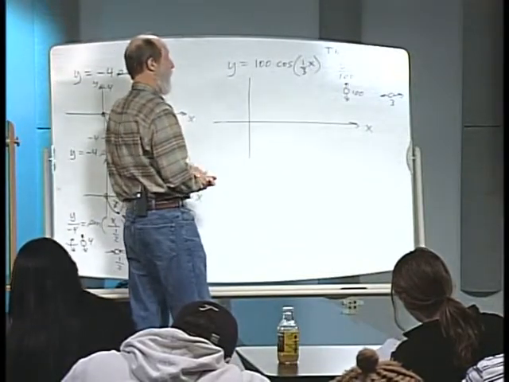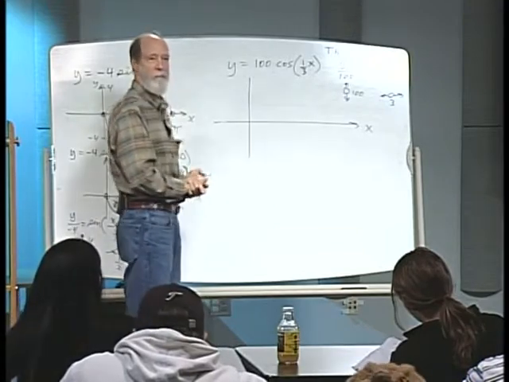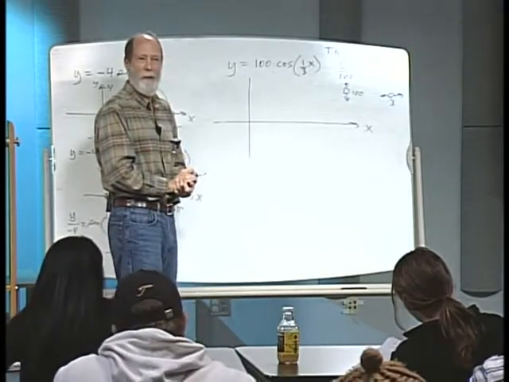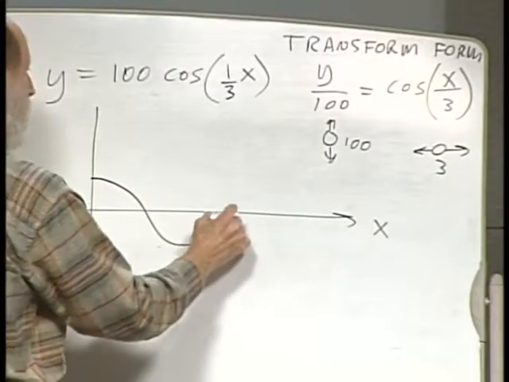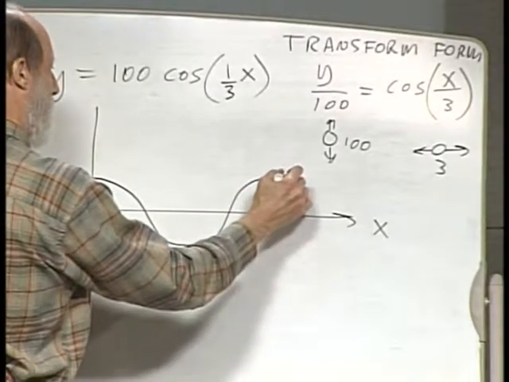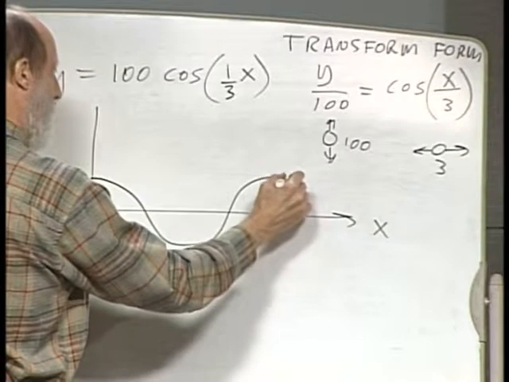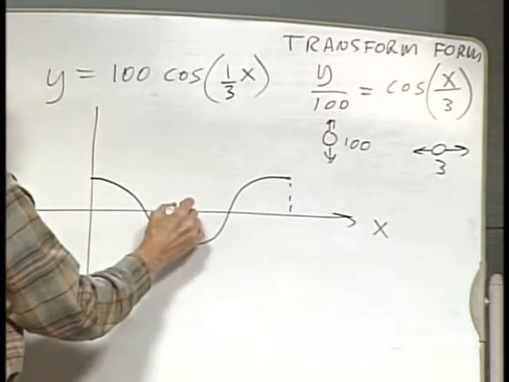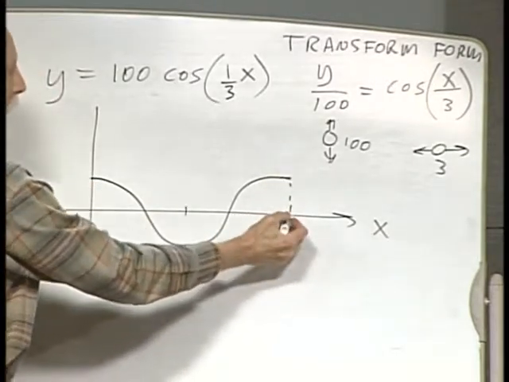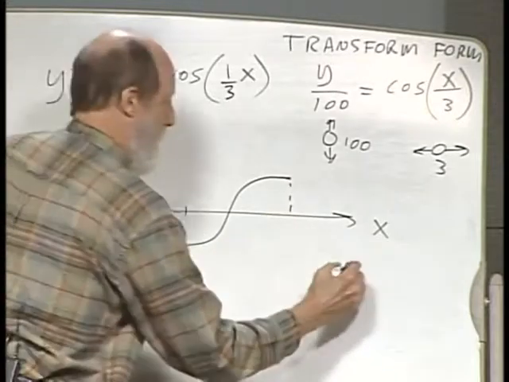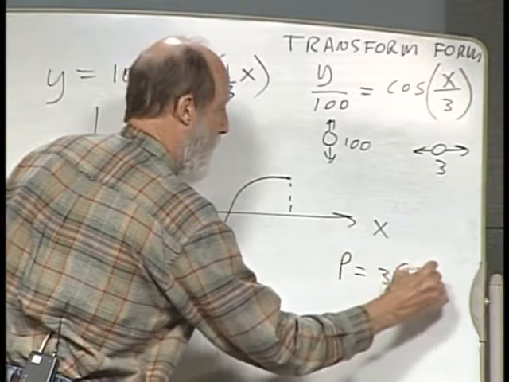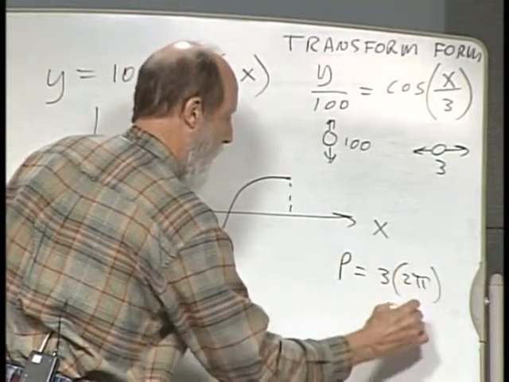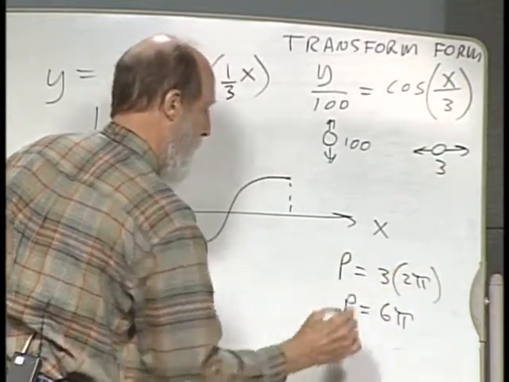So what I would draw is I'd simply start drawing a nice old cosine wave, real simple. Nice and smooth. And instead of ending its cycle at 2 pi, the period is going to be 3 times 2 pi, or 6 pi, for the period.